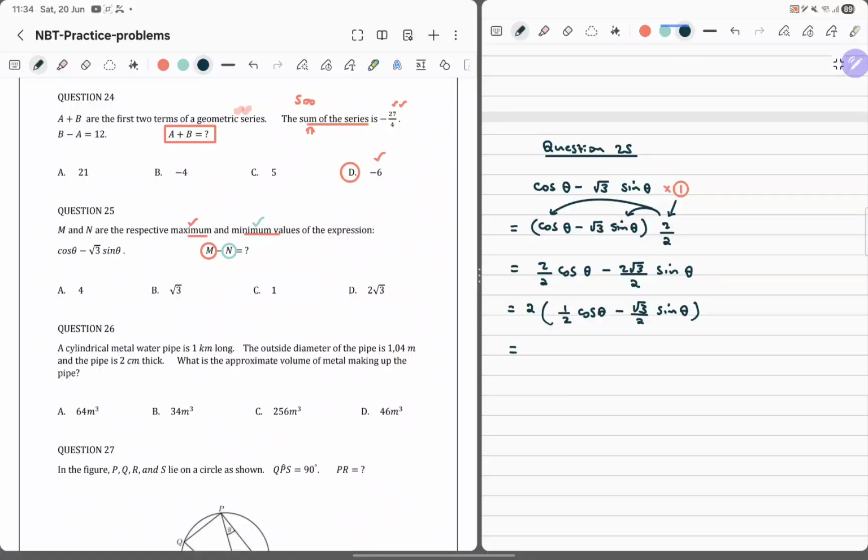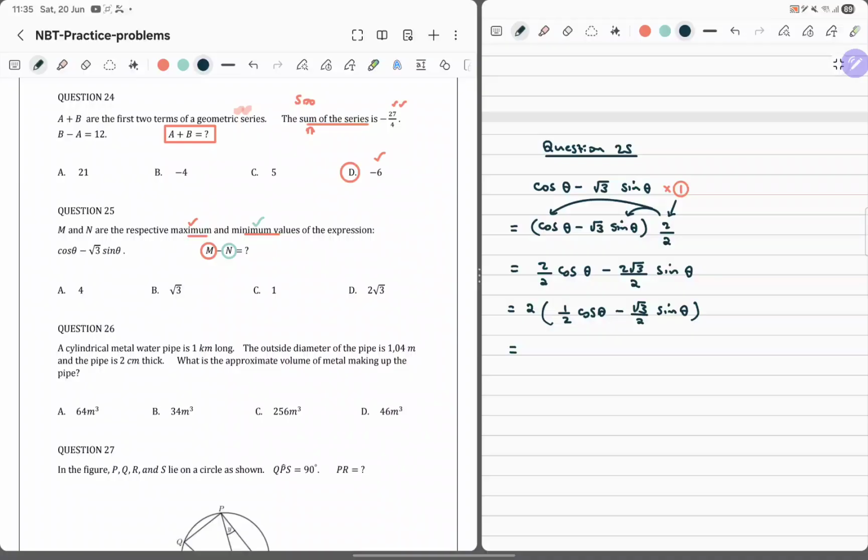Gymnastics, folks. Now we have something that we know and can identify. This is either a sine compound angle identity or a cos compound angle identity. All right, so it depends on how we want to do this. We can change this to cos and sine if we wish, or we can change it to cos. So either direction would simply work.